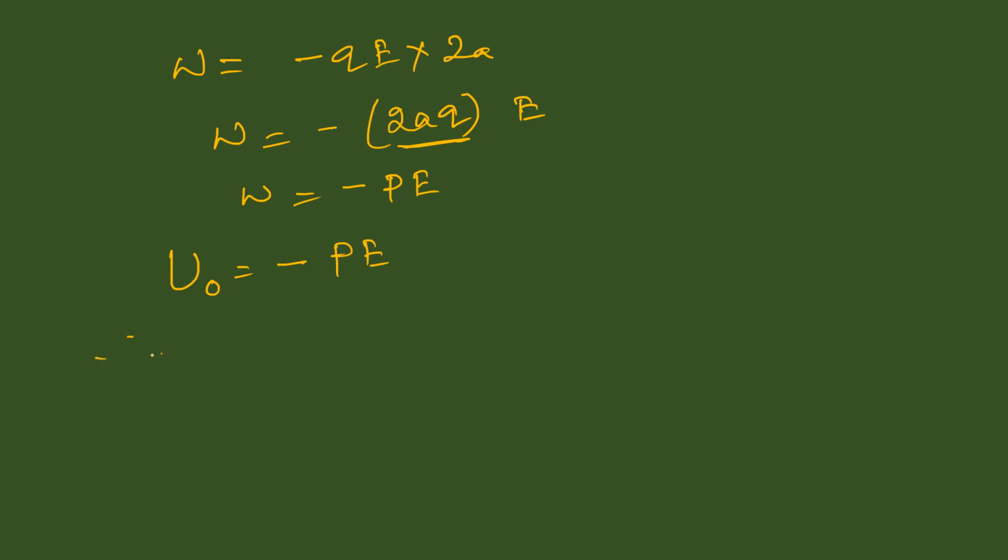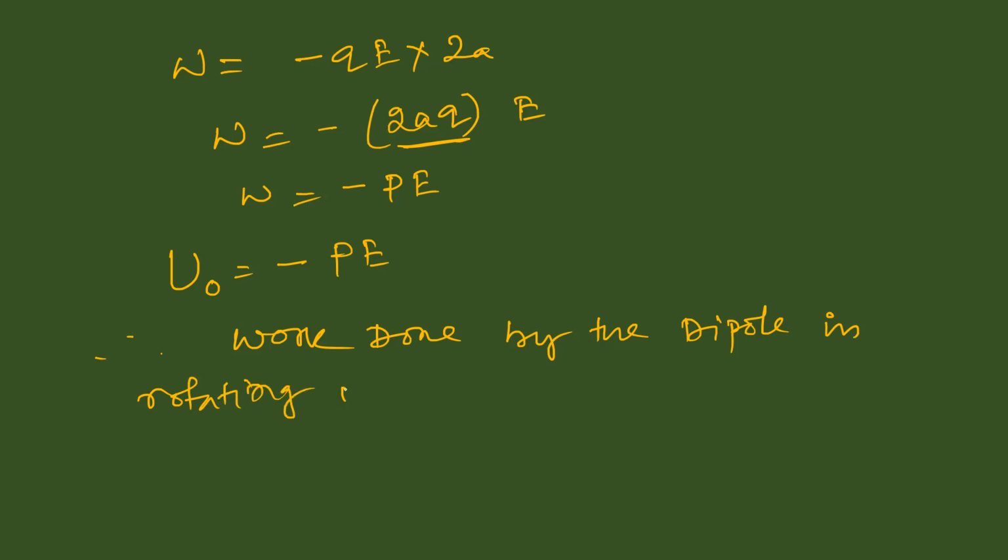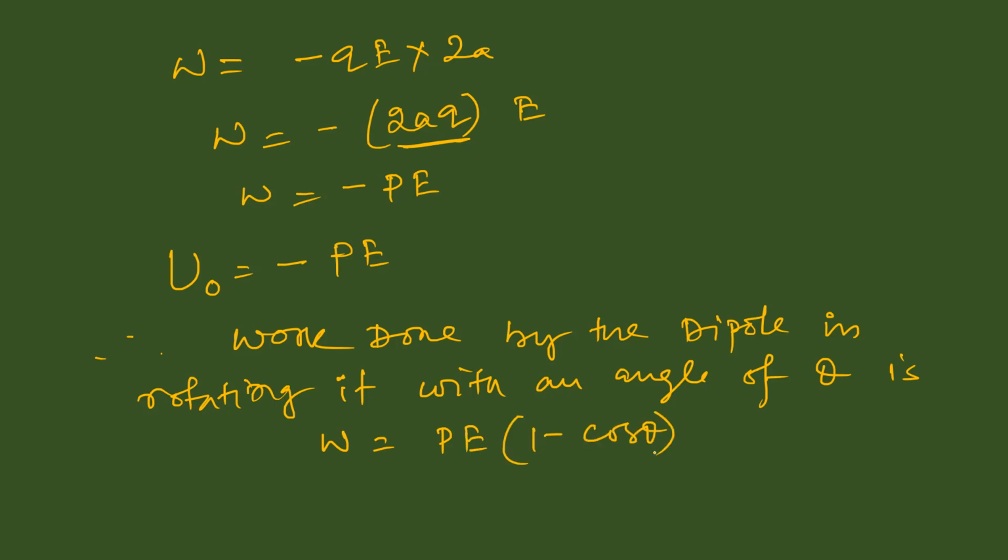Now, in the previous case, we got an expression: initially the dipole was in the equilibrium position, and when the dipole is rotated through an angle theta, the work done by the dipole in rotating it through an angle of theta is W equals pE into 1 minus cos theta.